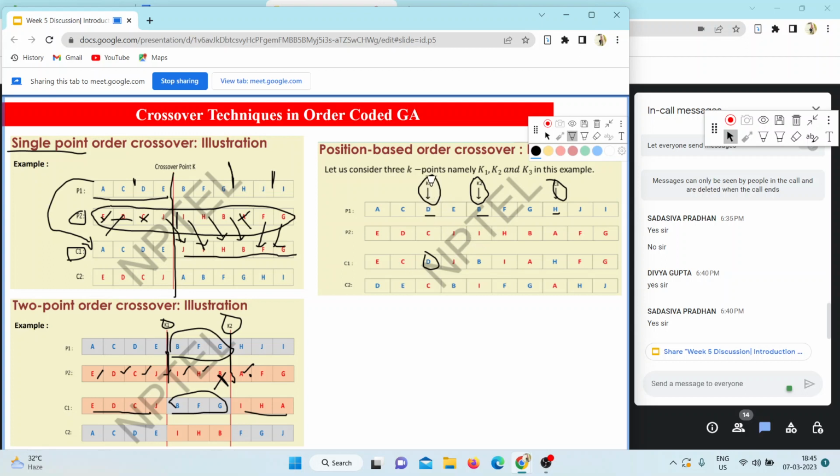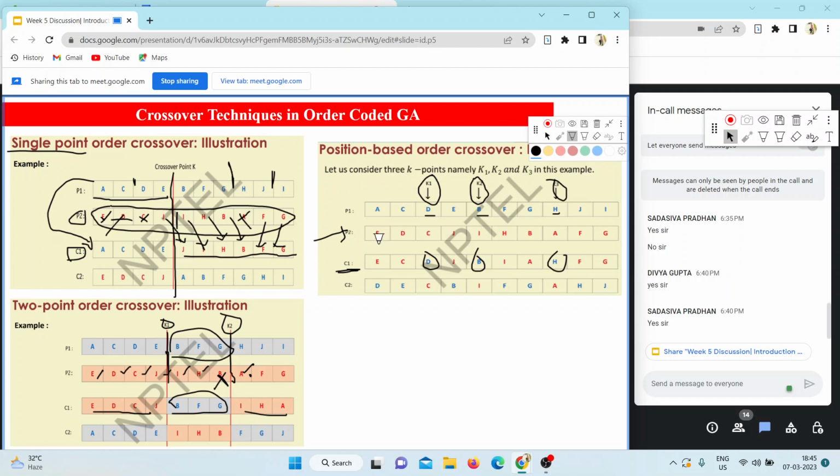So here we have fixed the third, fifth and eighth, that is D, B and H. So we will copy exactly this D, this B, this H to child 1. And for other bits, we will take the help of P2, and we will copy all these bits provided that no bit should be repeated more than once.